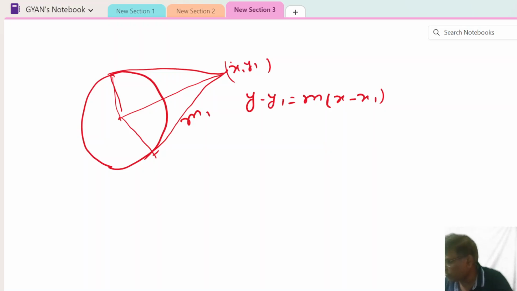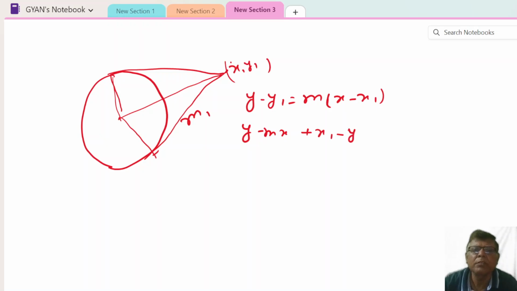So you can write y minus mx plus m x1 minus y1 is equal to 0. So this is (0, 0). So the perpendicular distance from this will be what?